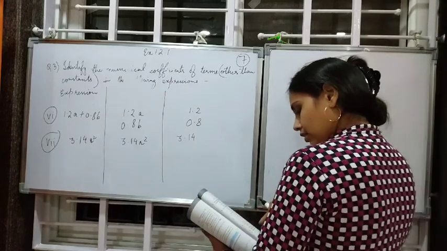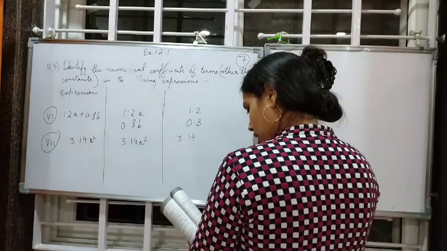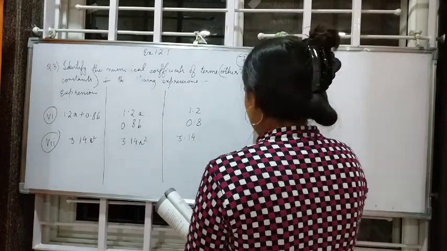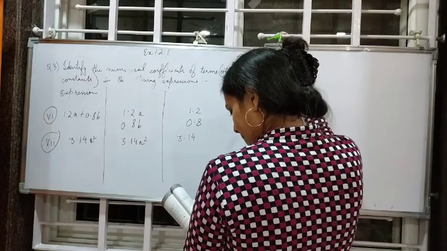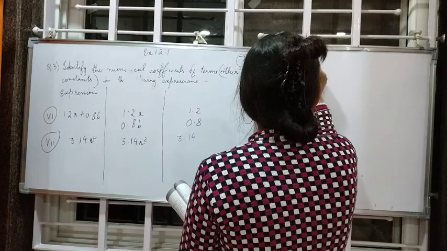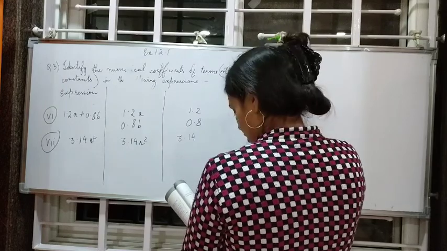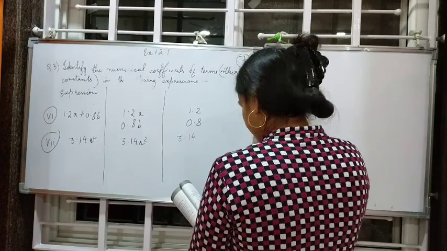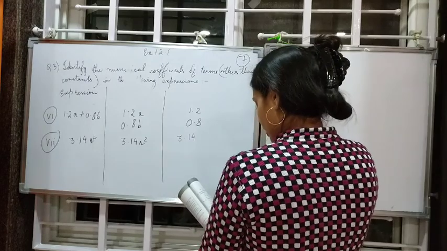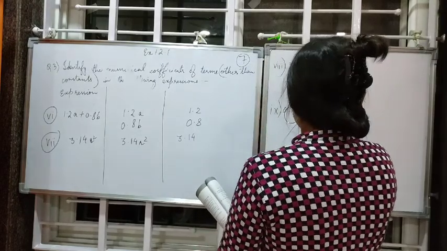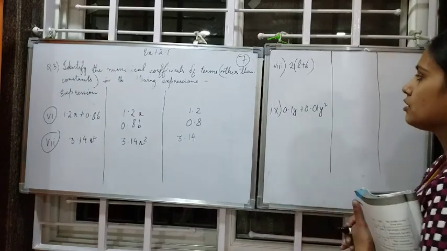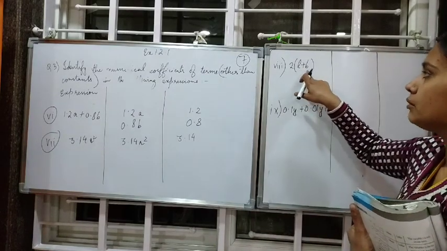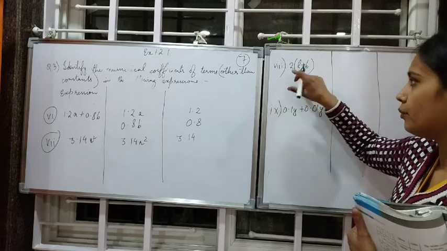Then we start the 8th one. There's 8th and 9th. The 8th one is 2 times of length plus breadth, and the 9th one is 0.1 y plus 0.01 y square. So here we write the terms. Both the terms have variables, so we write both.